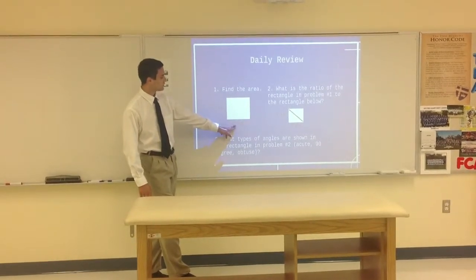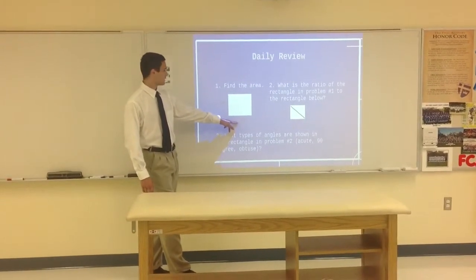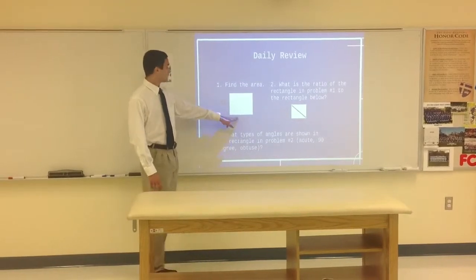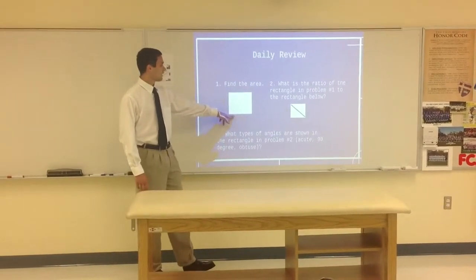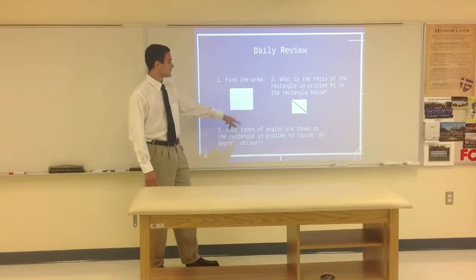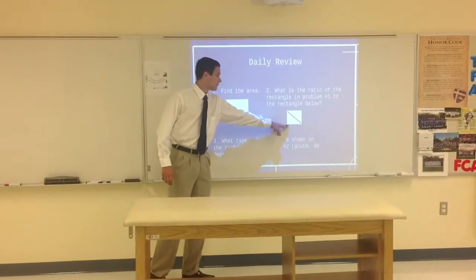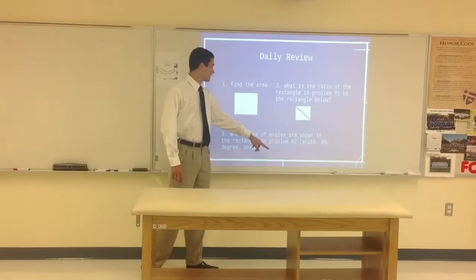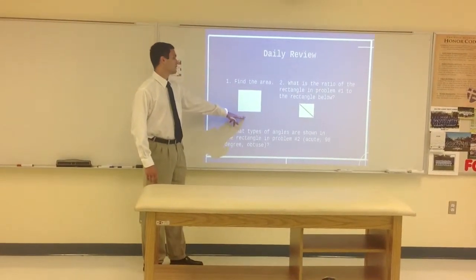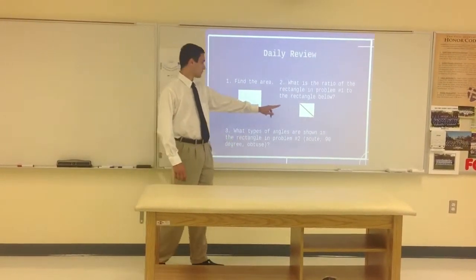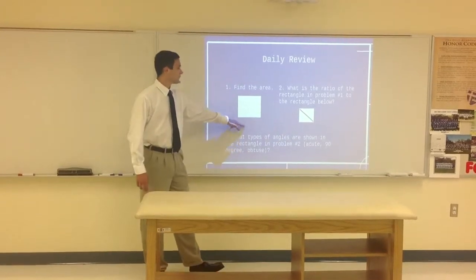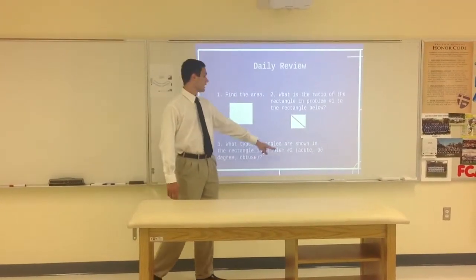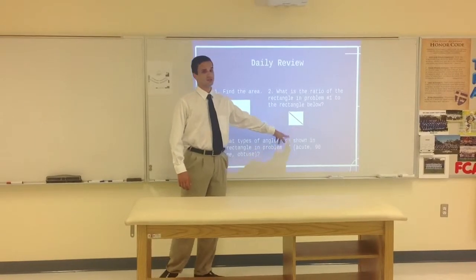So you took the long side here, the same side of this rectangle, and took the same side of this rectangle, and put them together in a ratio, which would be 4 to 2. But that ratio could be reduced to 2 to 1, because 4 is divisible by 2, and 2 is also divisible by 2.